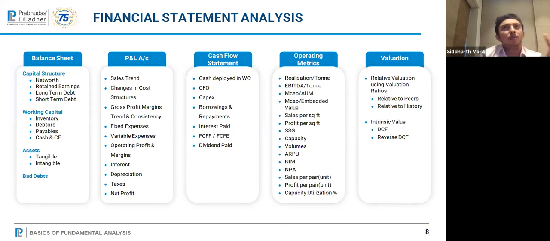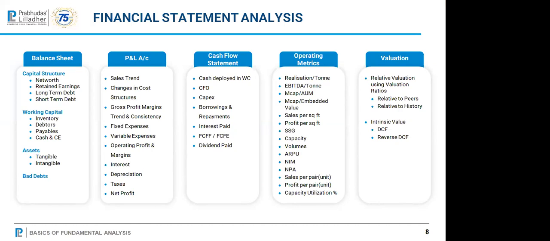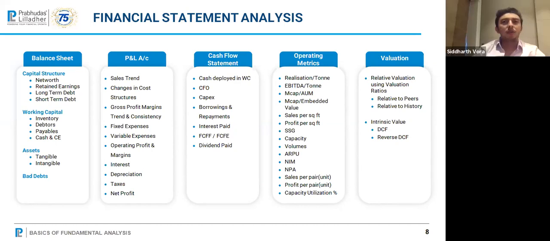Tangible assets will also give you a very important factor to look at companies. Asset heavy companies and asset light companies. So FMCG stocks, IT stocks, they don't have tangible assets because they don't need tangible assets. But when you look at your metal stocks, cement stocks, they all need factories. And therefore, their fixed assets are very heavy. And therefore, in asset heavy companies, you will look at their fixed asset turnover.